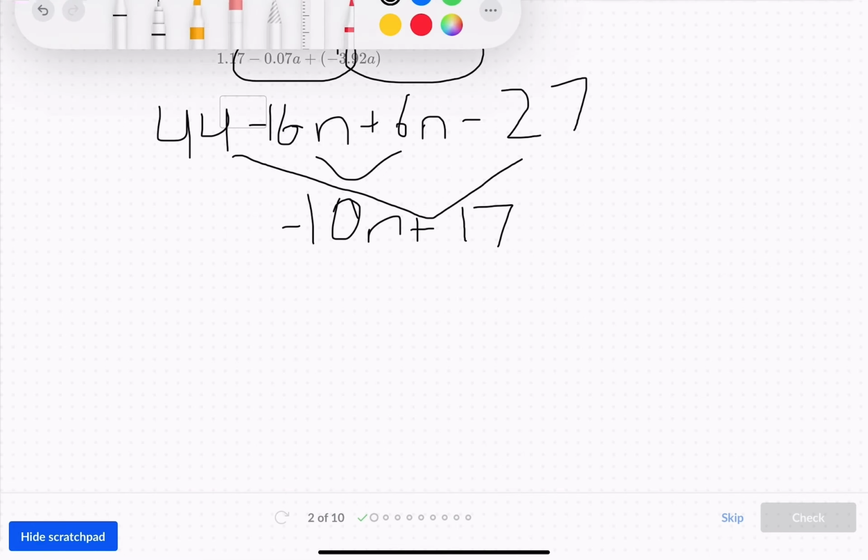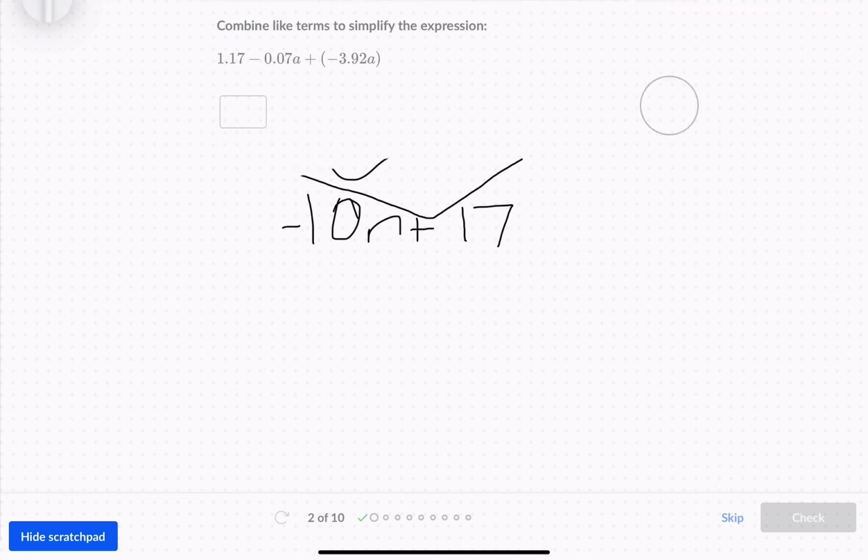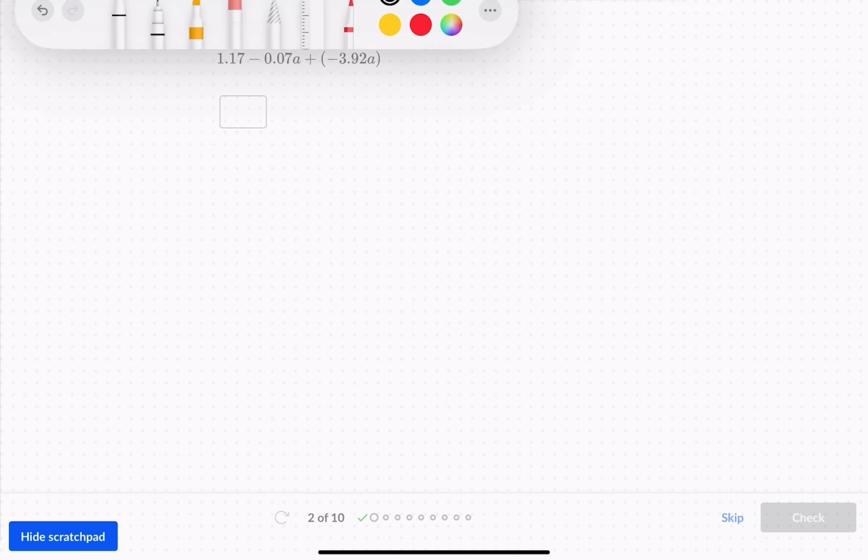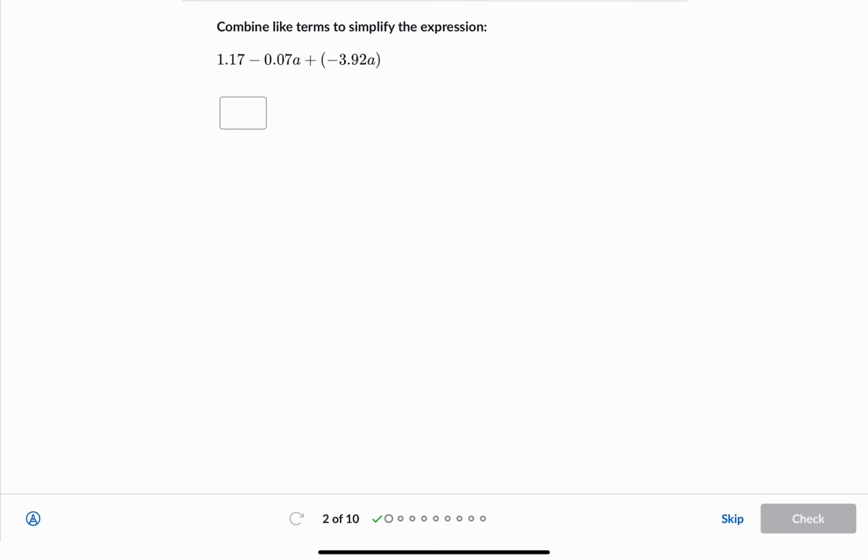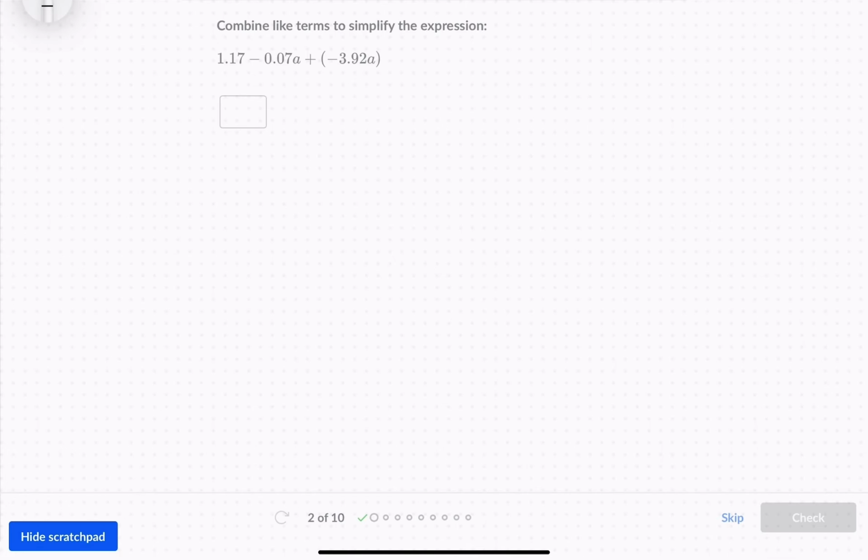Our next question has decimals, and it is 1.17 minus 0.7a plus -3.92a. So we can only combine like terms.